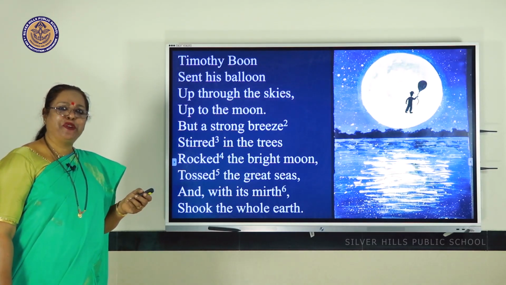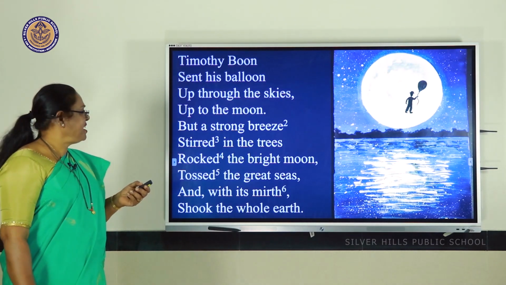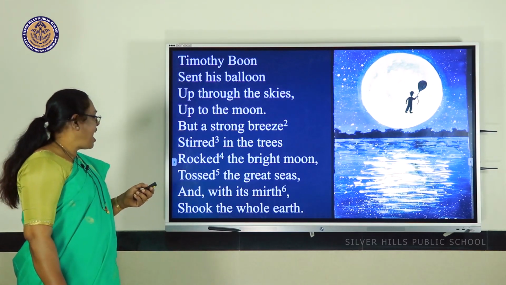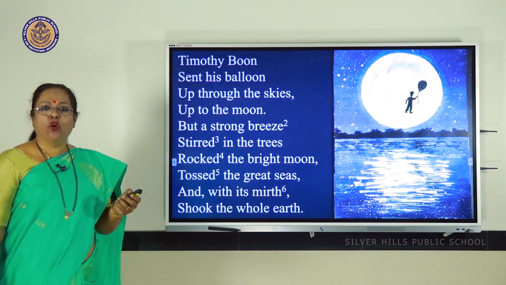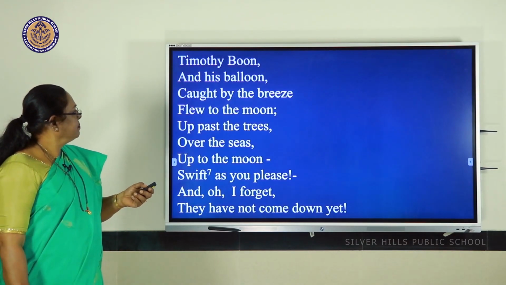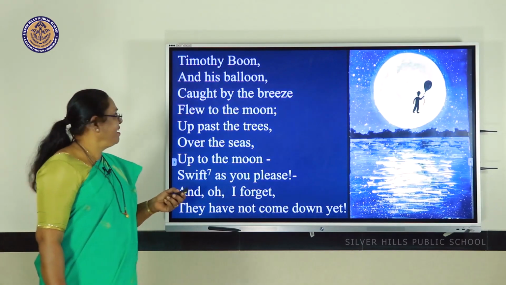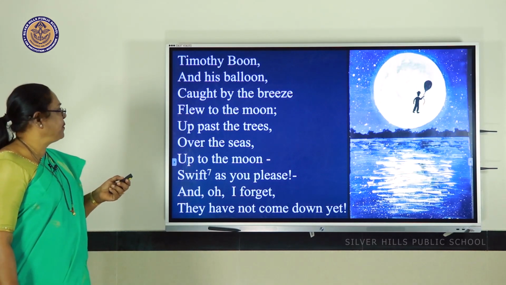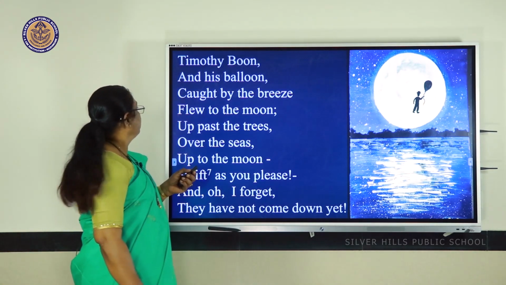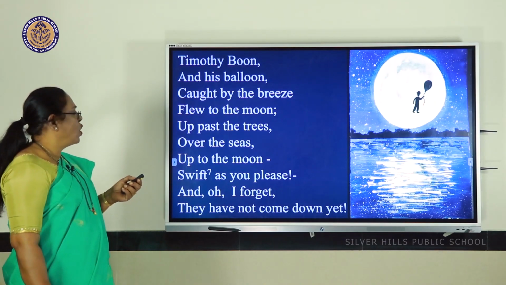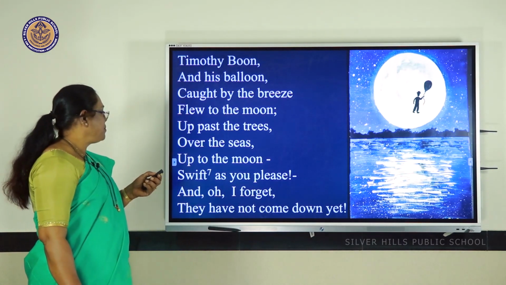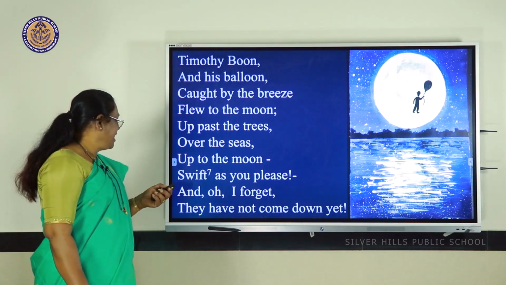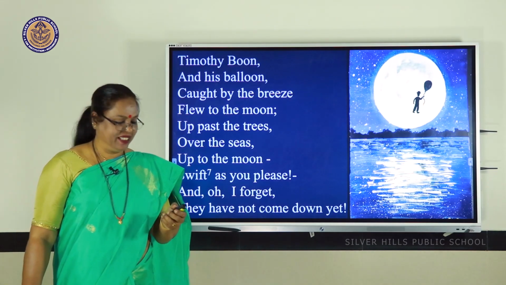But a strong breeze stirred in the trees, rocked the bright moon, tossed the great seas, and with its mirth shook the whole earth. Now we move to the last stanza. Timothy Boon and his balloon, caught by the breeze, flew to the moon, up past the trees, over the seas, up to the moon, swift as you please, and oh, I forget, they have not come down yet.